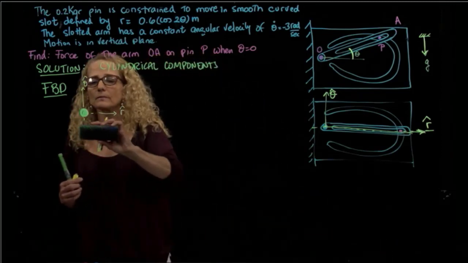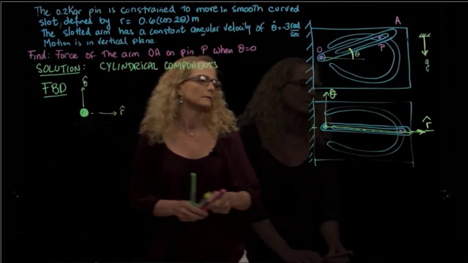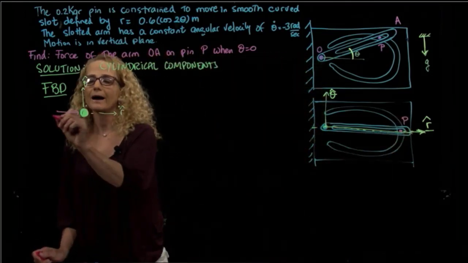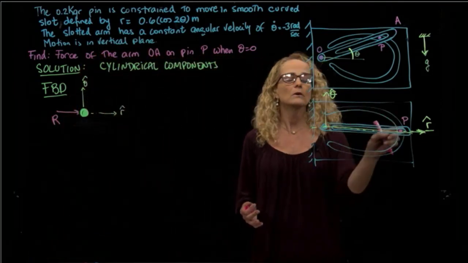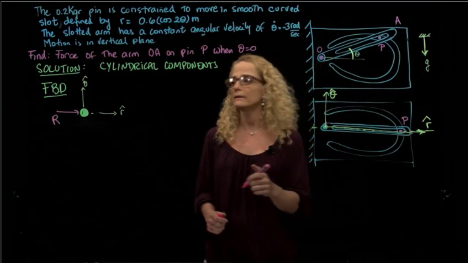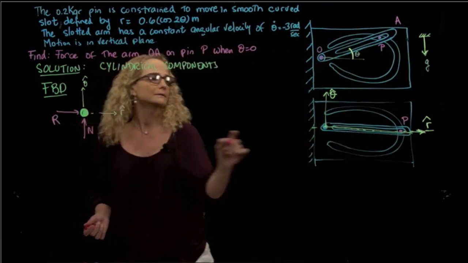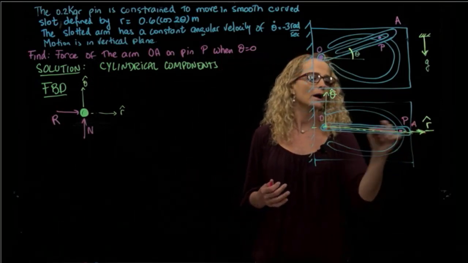And then, what forces do we have acting upon our pin P? We have a reaction force, R, that is exerted from that curved slot over our pin. And then we have a normal force that is exerted by that arm OA over our pin.